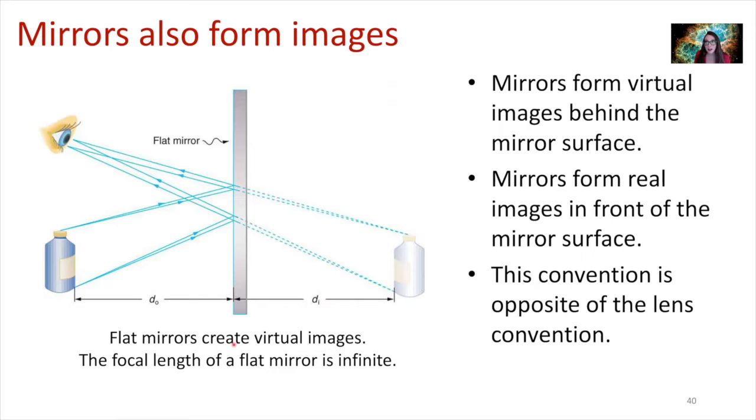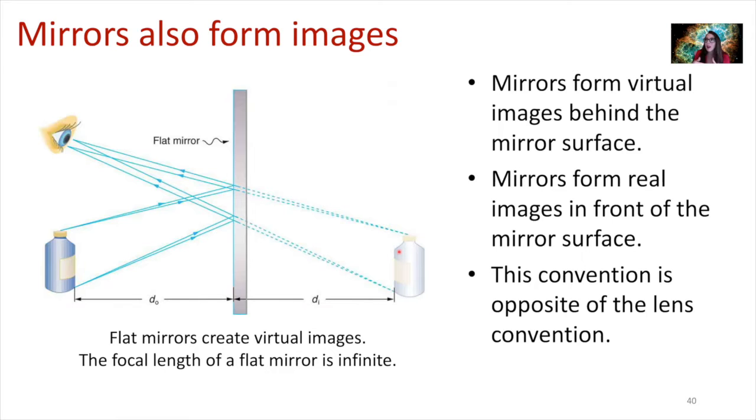Now for a mirror, a virtual image is an image that appears on the opposite side of the mirror. So when we're looking at ourselves in a mirror, we're actually looking at a virtual image of ourselves. You can think about that image as being on the opposite side of the mirror.